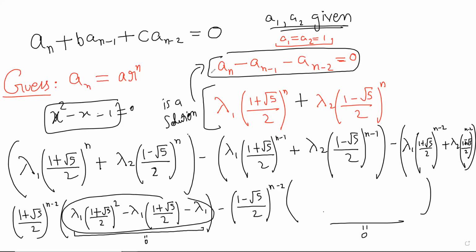But there is a problem. I mean, it is fine. As far as we are concerned, we know what the procedure is. You see this equation, you look at the quadratic, x square plus bx plus c, find its roots, and the solution will look like this: lambda 1 times alpha to the power n plus lambda 2 times beta to the power n. Lambda 1 and lambda 2 you can find from the initial values.